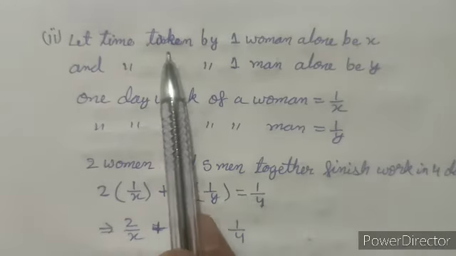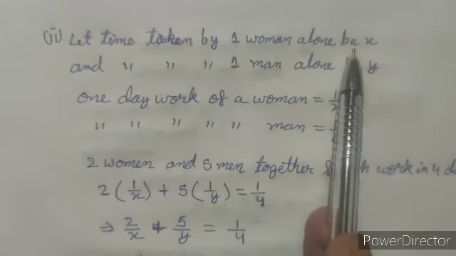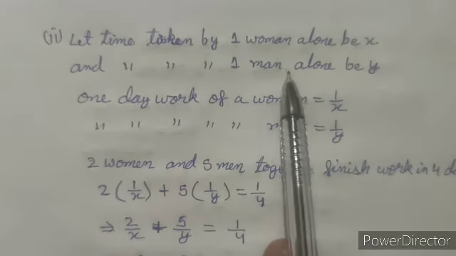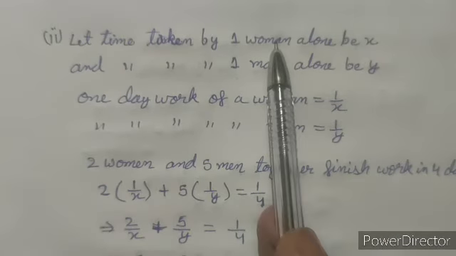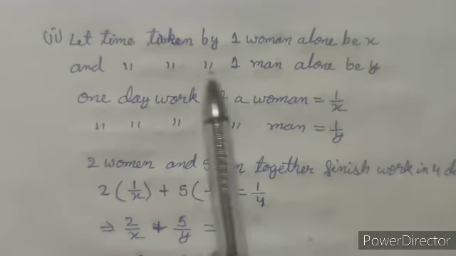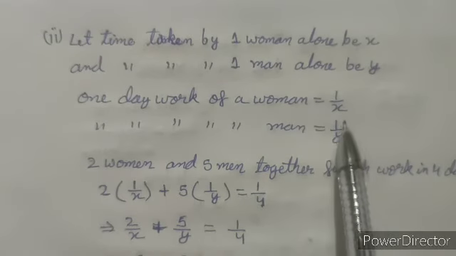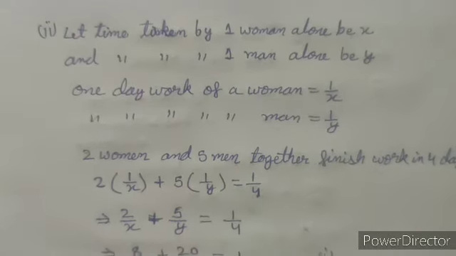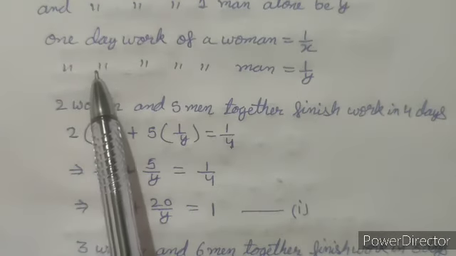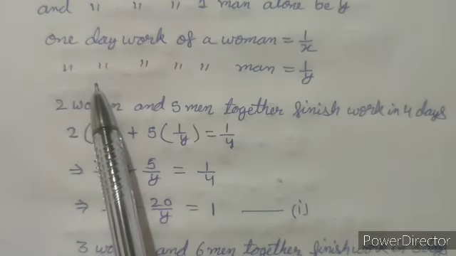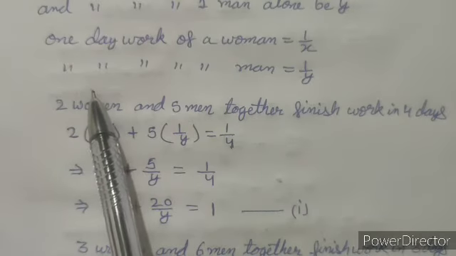Now let time taken by one woman alone be x and time taken by one man alone be y. Then one day work of a woman will be equal to 1 upon x and one day work of a man will be 1 upon y. Now in first case he is saying that 2 women and 5 men can together finish the work in 4 days.